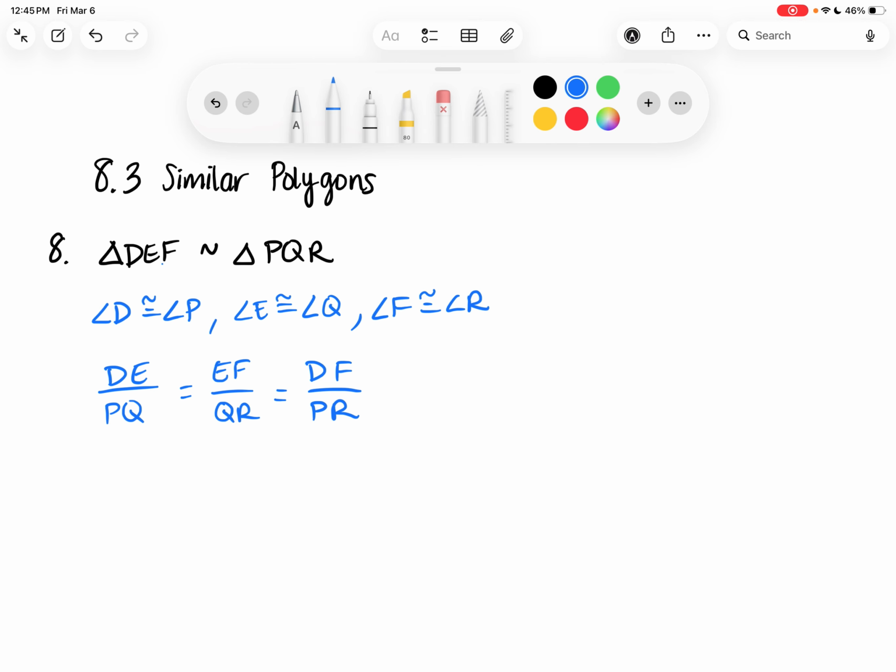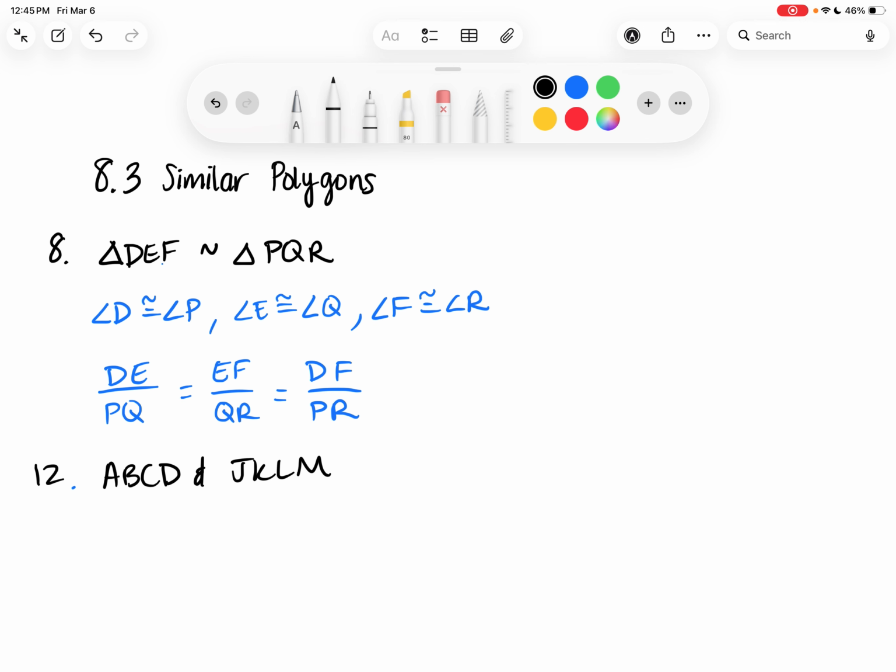The next problem says to decide whether the quadrilaterals are similar. So basically they've drawn 4 what look to be rectangles. They aren't, based on markings, all rectangles, but I'm just going to draw the ones that we're going to need. So for number 12, ABCD and JKLM.